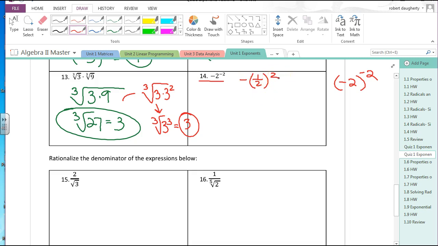So I move that 2 to the bottom and I change my exponent to positive. So this is negative 1/4. The problem over here that you did not have, this is negative 1/2 squared. This is 1/4. So there's a difference between those if you made that mistake.